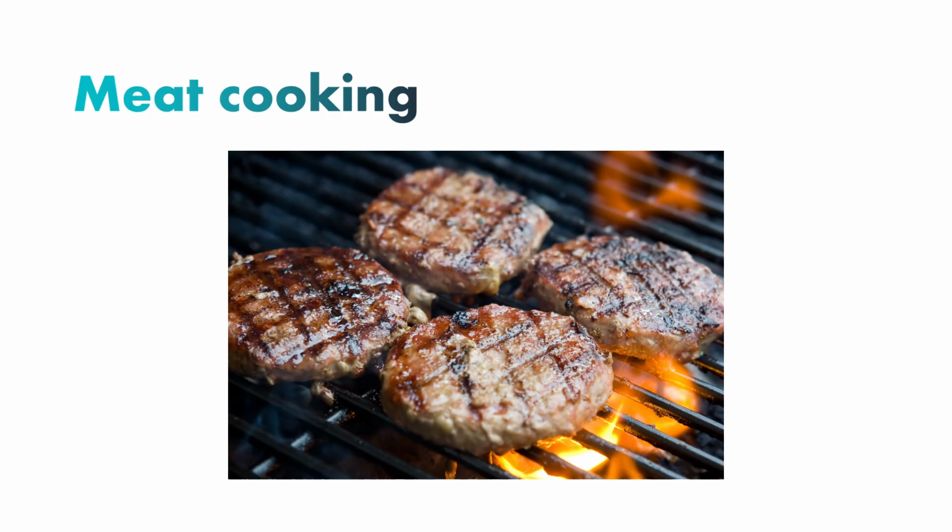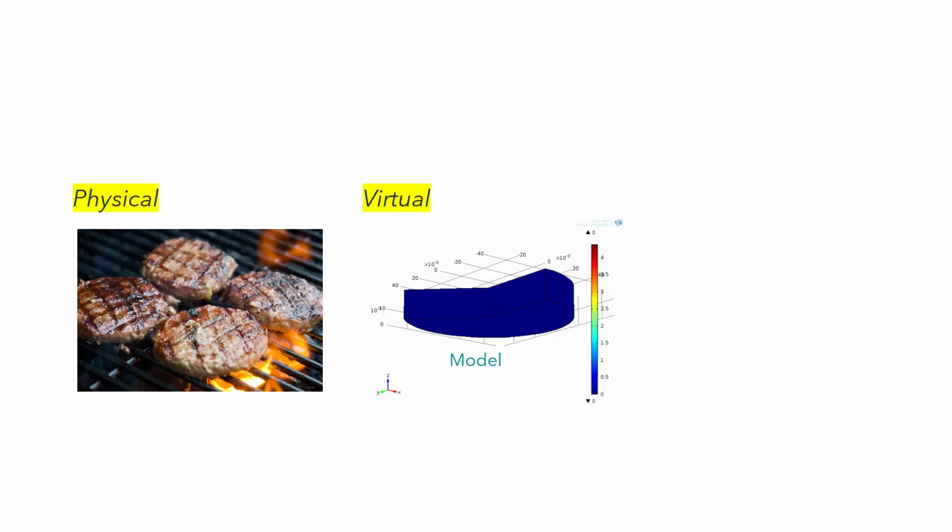So let's say this is meat cooking, hamburger cooking on a grill, and I want to develop a digital twin of this. So what does it look like? So here is a conceptual digital twin. First we have the physical process. In this case, it is the hamburger cooking, and then there is the virtual process that is a model of this hamburger cooking.